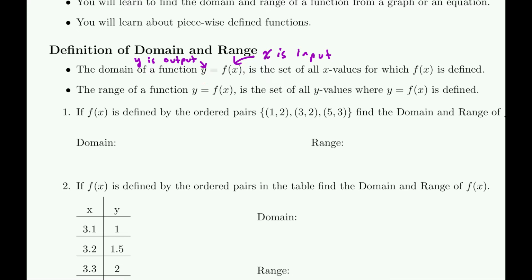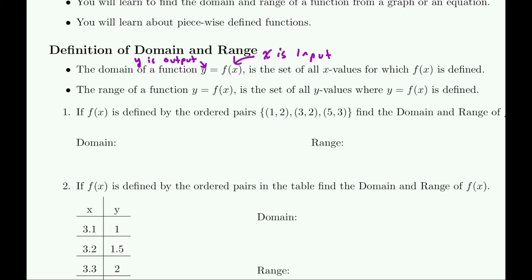You plug an x into a function and then out comes a value, and the value we call the output. With that notation, the domain of the function is the set of all x values for which f of x is defined. You can't always plug in every x value that you want. Whatever you can plug in, that's the domain. Now the range of the function is the set of all y values where the function's defined.